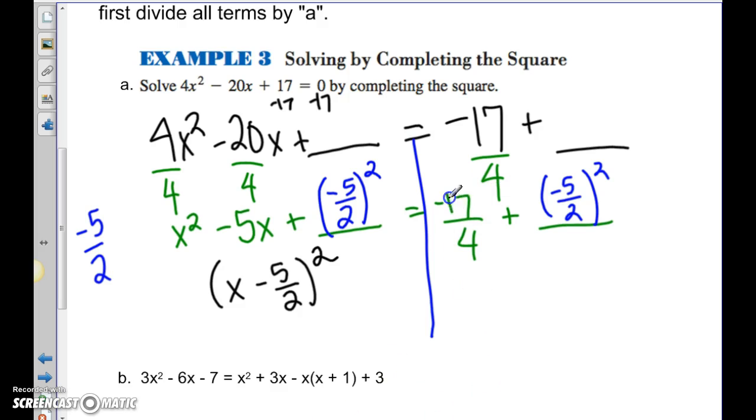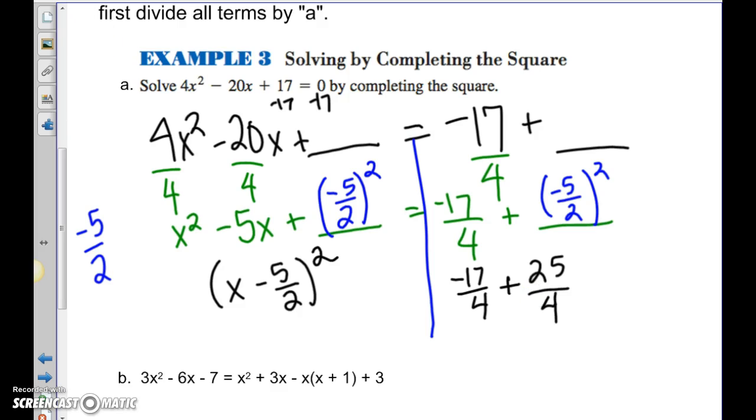Okay, now over here I've got to put these things together. So that is negative 17/4 plus 25 over 4.